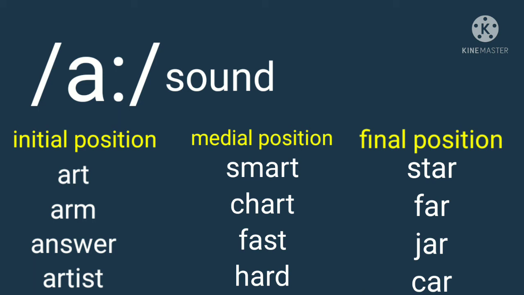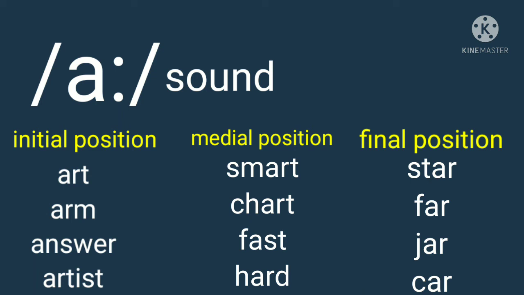So you say star, far, F-A-R, far, J-A-R, jar, S-T-A-R, star, and so on. So this sound occurs in all the three positions, initially, medially, and finally in words.